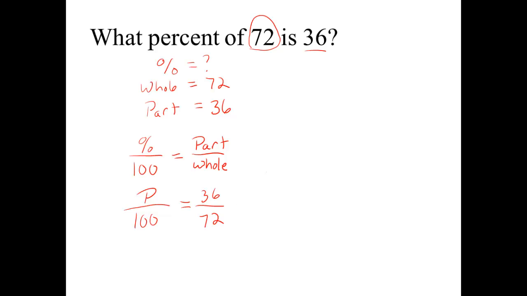So in order to solve this, we'll cross multiply and get 72p is equal to 3600. To solve for p, we will divide both sides by 72 in order to get p by itself.